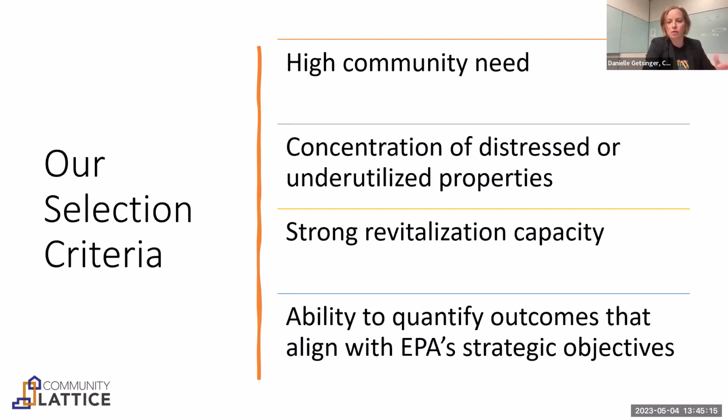It is a more holistic approach, wanting to advance climate action, environmental justice, housing, infrastructure improvements, things of that nature. So if all four align, where you get a community of high need, lots of distressed properties, revitalization capacity, they're ready to go, and they want to do what the EPA wants us all to do, then that's a perfect target area. Next slide.